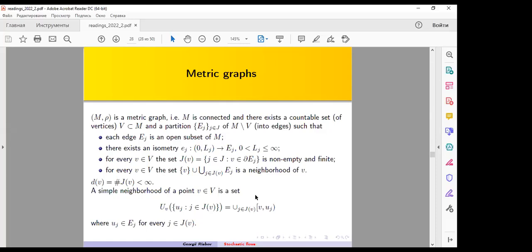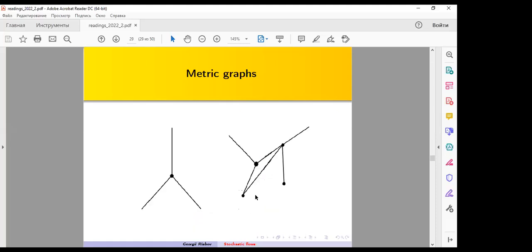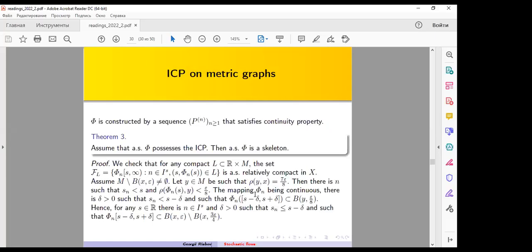This is just a union of segments around v, and every segment belongs to an adjacent edge. For metric graphs, it turns out that we can forget about the last property from the definition of the skeleton. So as soon as phi possesses the instantaneous coalescence property, then it is almost surely a skeleton.